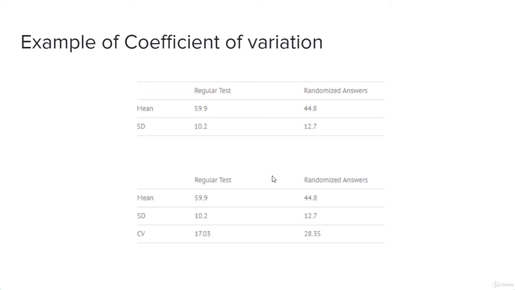So in order to compare them in a better way, we add another variable, the coefficient of variation. The coefficient of variation divides the standard deviation by the mean and ultimately gives us these two values, which is a better metric for comparison whenever we are comparing two data sets and two different sample sets. So this is a very unique and smart way to do it.